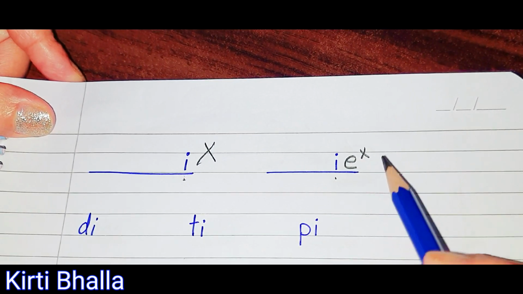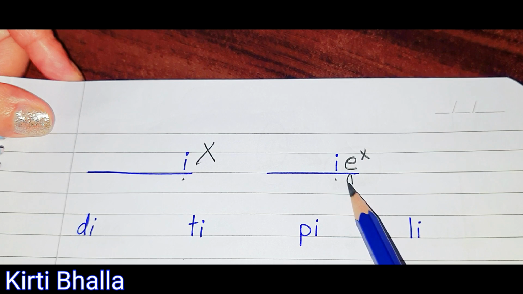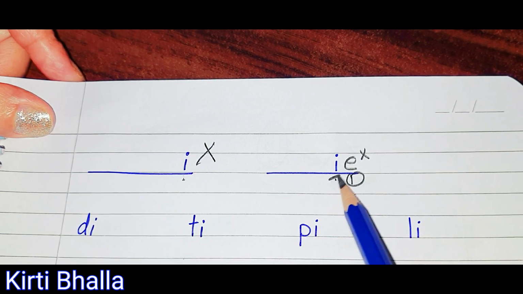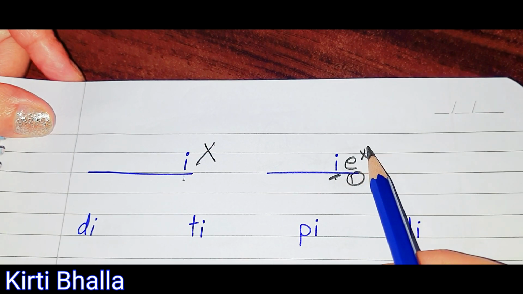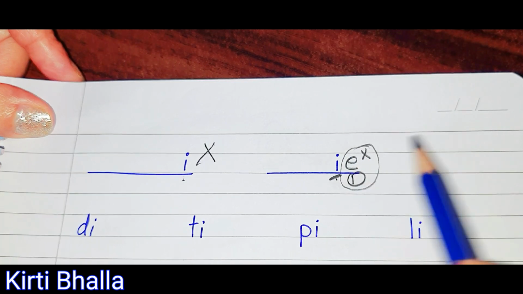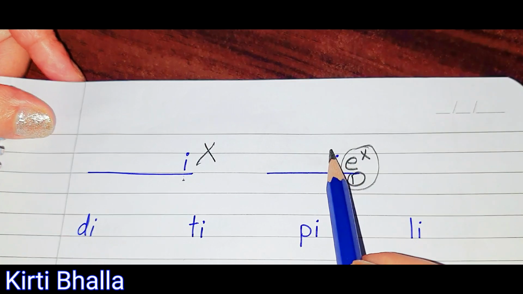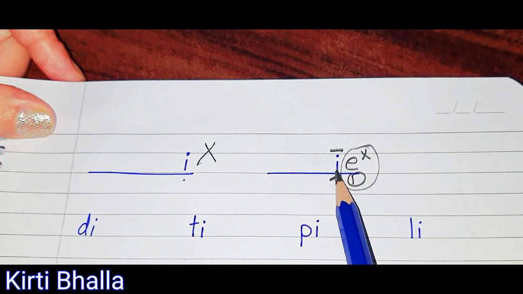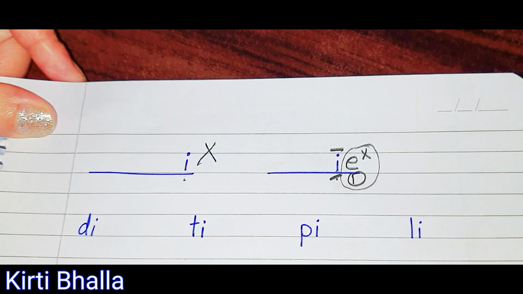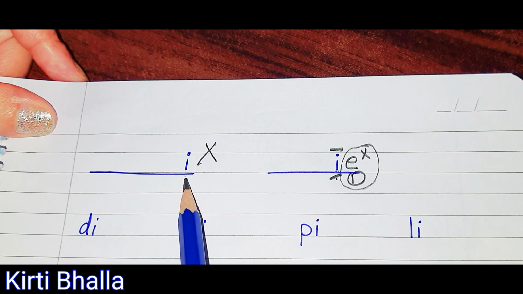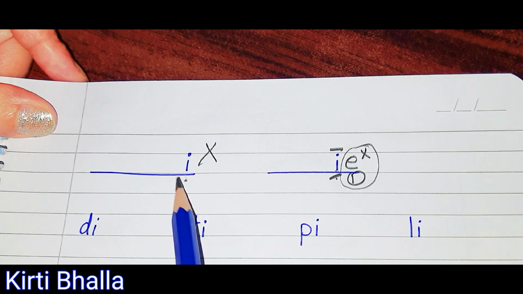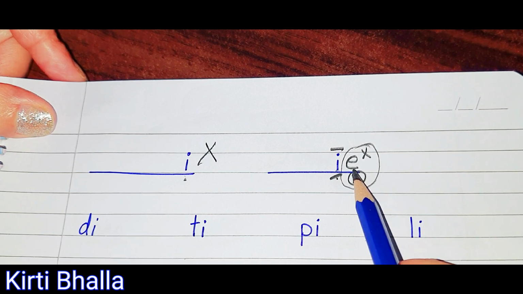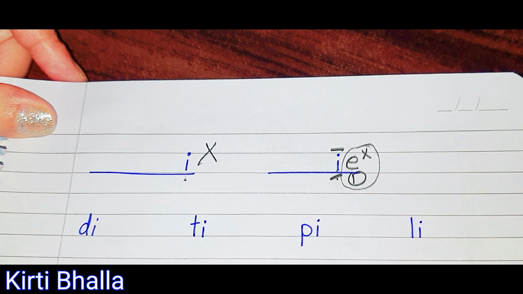We have just understood that if there is a single E at the end and the word has at least one more vowel in it, we don't read the last E sound. And in this case, we have to read the long sound, the name of this letter I. So this goes I. So remember that no word in the English language ends with letter I. Just to end the word, we have to write E, and that E is silent.